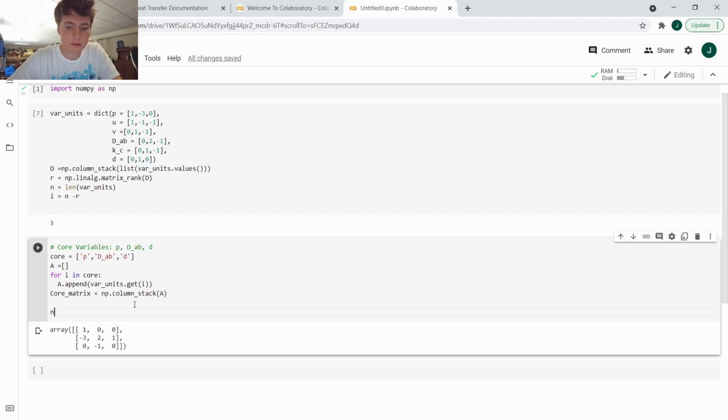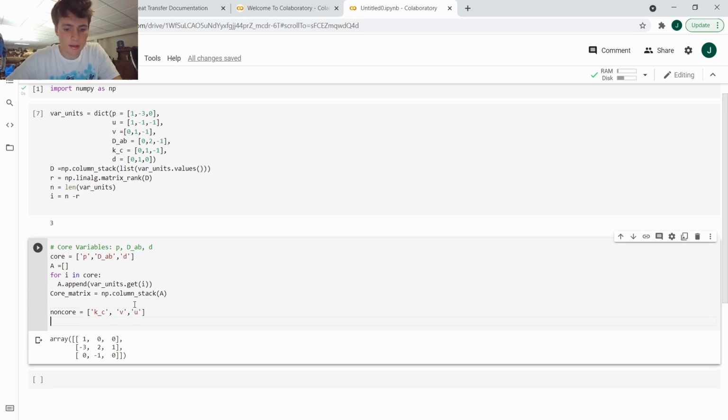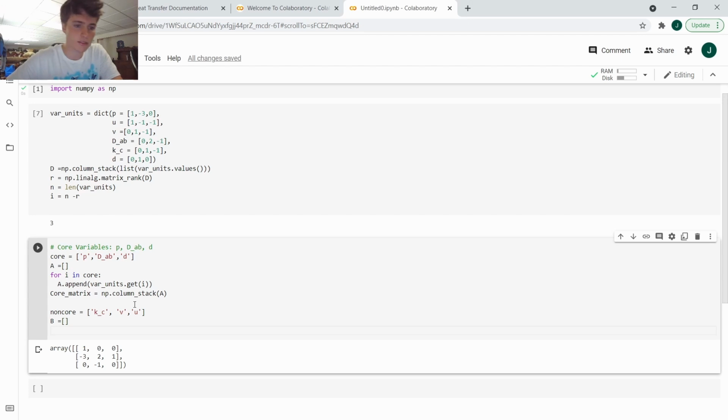We'll call these the non-core variables: k sub c, velocity, and viscosity. We'll create an empty list to store all the values that we obtained from our dictionary.